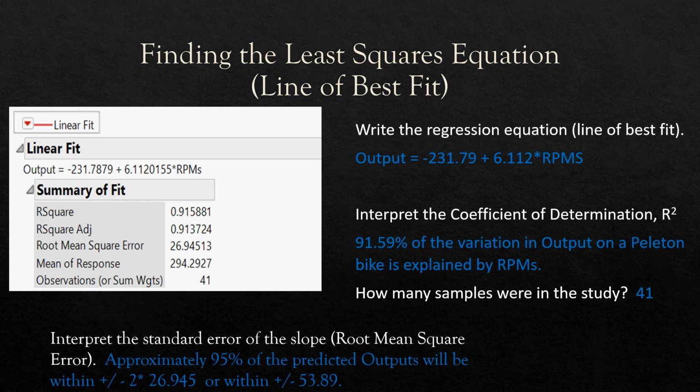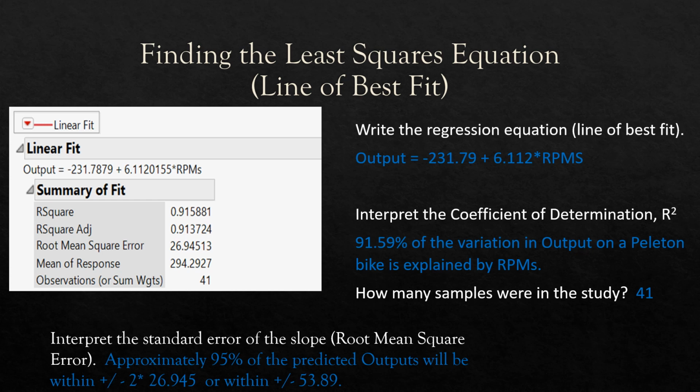If we look at the R squared value underneath, under summary of fit, it is known as the coefficient of determination. We take 0.9159, say, and multiply it by 100 to make it a percentage.